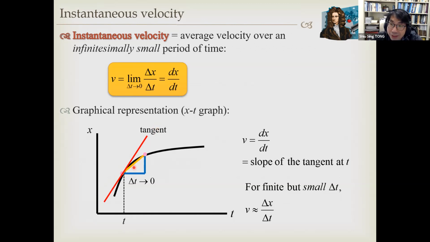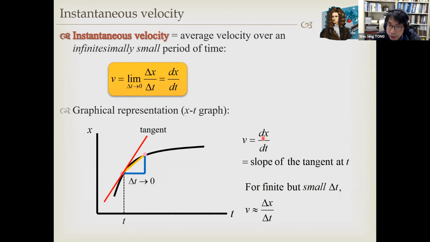So when the two points are very close together, the slope of the yellow line, that is the average velocity, will tend to the instantaneous velocity, which is represented by the slope of the tangent to the curve. So the geometrical interpretation of the instantaneous velocity is simple. It is simply the slope of the tangent to the curve at the time t.